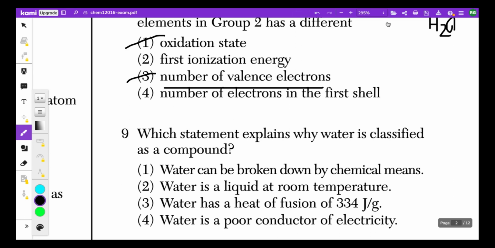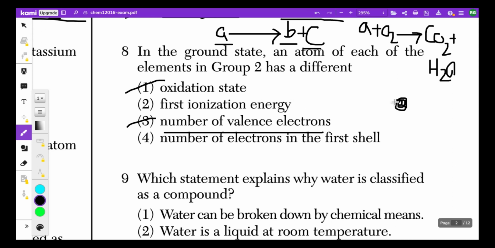Now let's look at number 2, first ionization energy. This looks pretty interesting. Now, what is ionization energy? Well, let's say we have an atom, and the atom has some electrons.